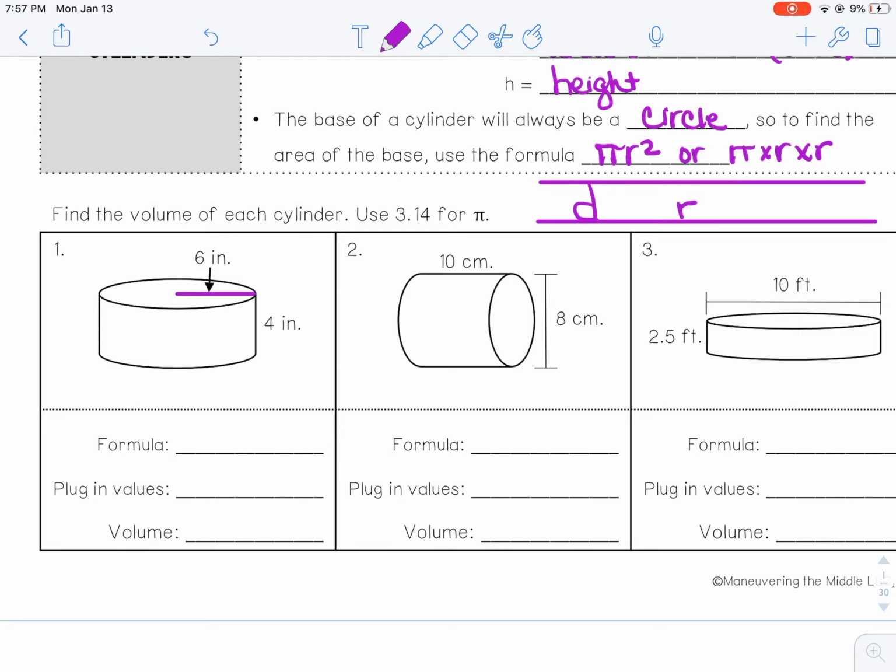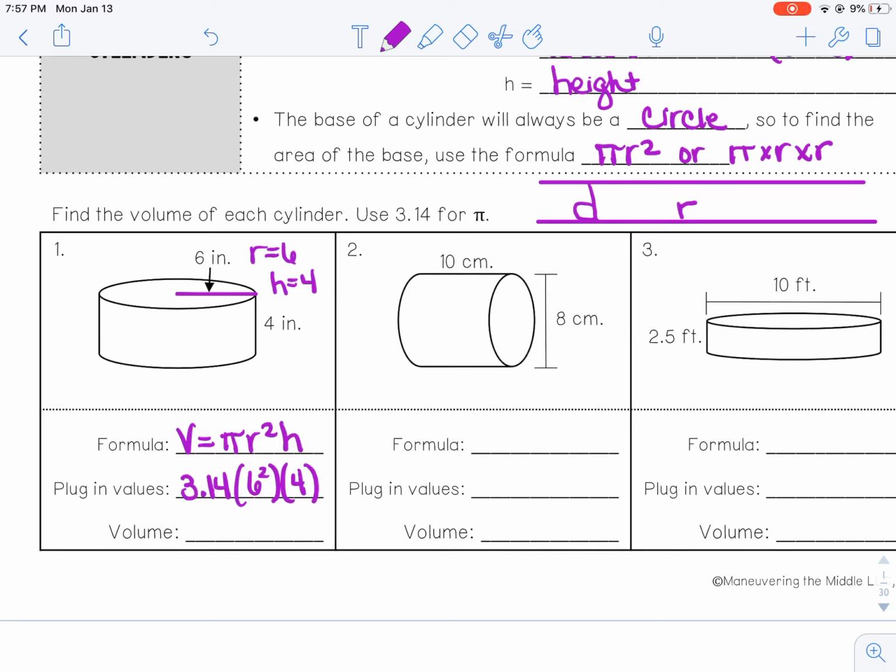So if I'm looking at number 1, I have my cylinder, and this is giving me just half the width of the circle, which means that is our radius, and that's what we need in our formula. Our radius is 6 inches, and the height of our cylinder is 4. The volume formula is pi r squared times height. So we're going to plug in 3.14 for pi, 6 squared for radius, and 4 for height.